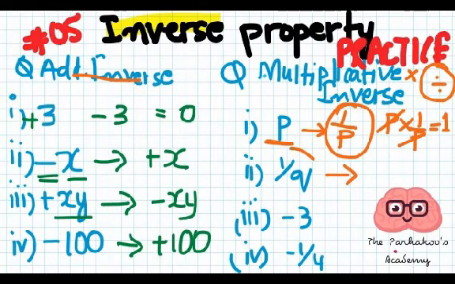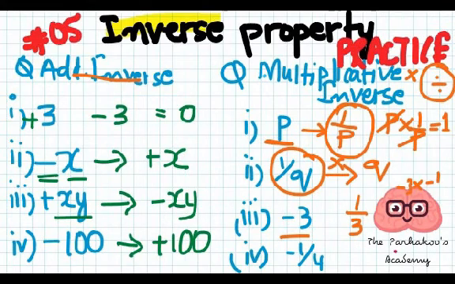Since it's in division form, the inverse would be q. Negative 3, so it would be negative 1 upon 3.